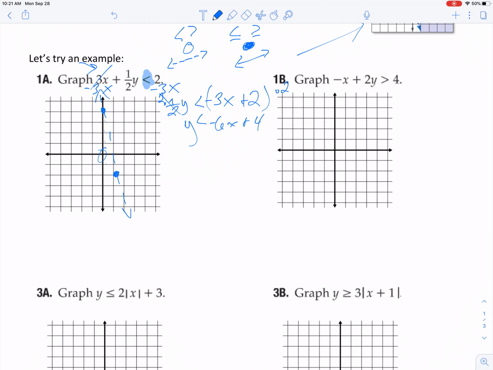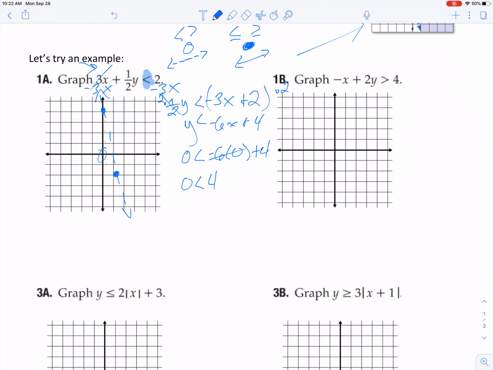So if I plug in 0, 0, I have 0 is less than negative 6 times 0 plus 4. So negative 6 times 0, that cancels. That's why I love using 0. And so now I have 0 is less than 4. Ask yourself a question. Is 0 less than 4?